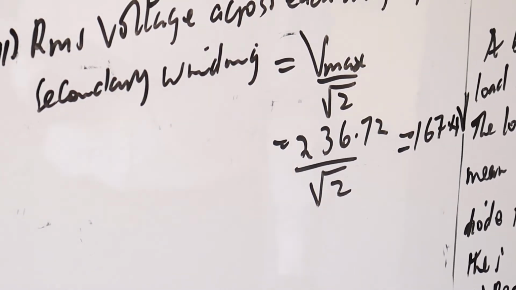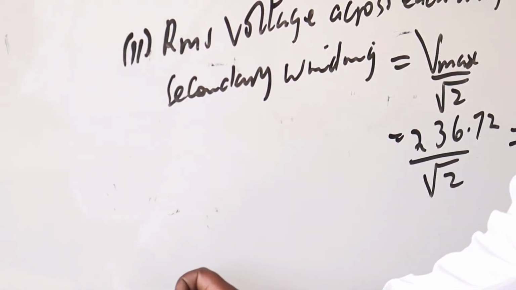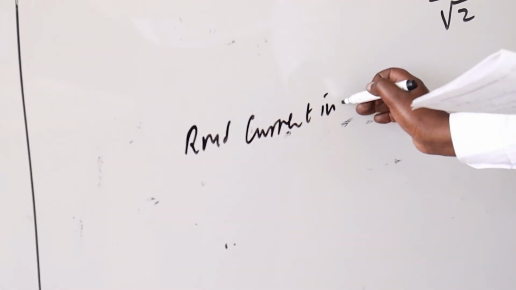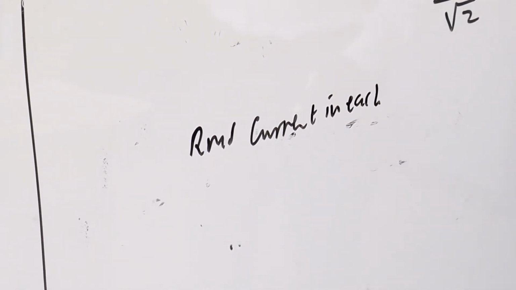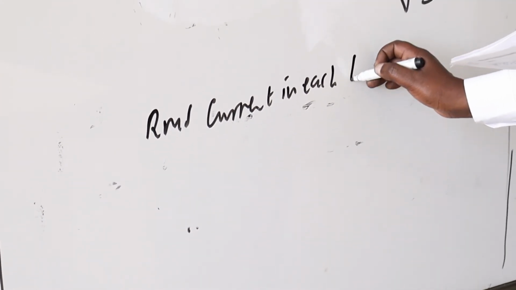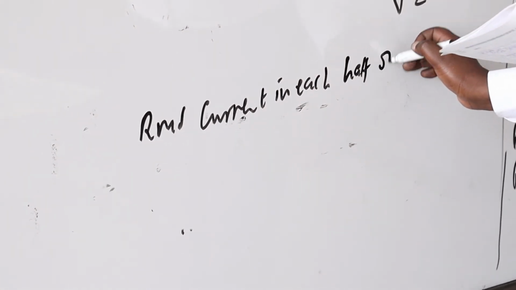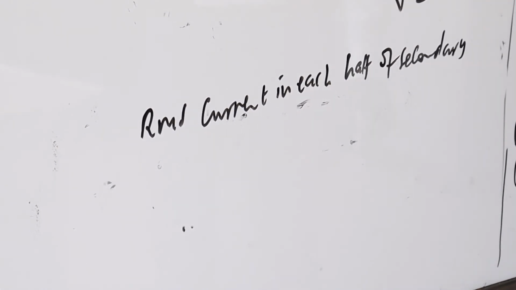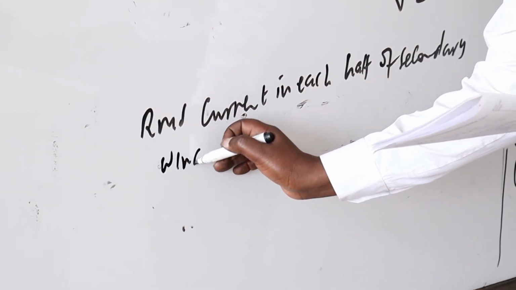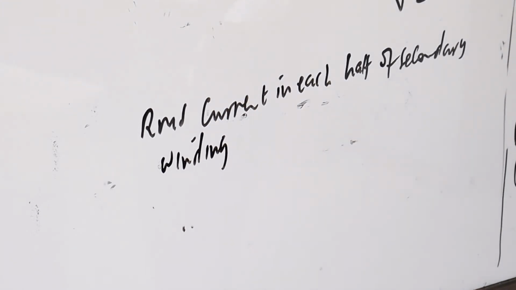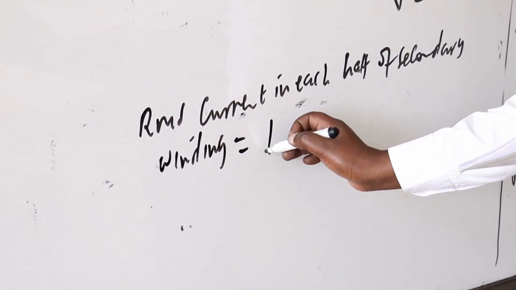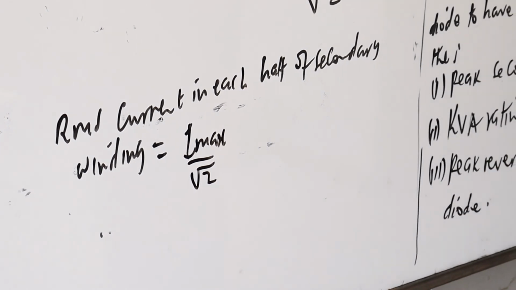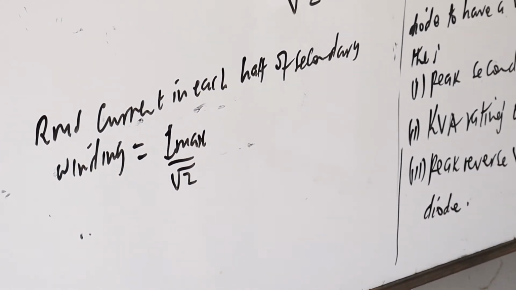Then now RMS current in each half of the secondary winding will also be Imax all over root 2, because we said the voltage waveform and the current waveform are similar.